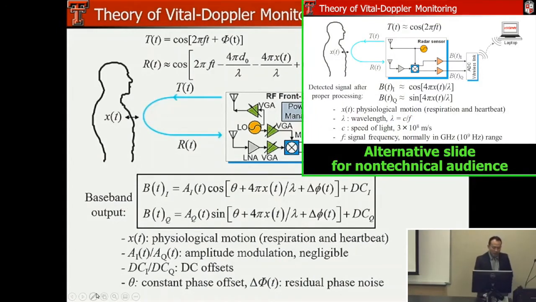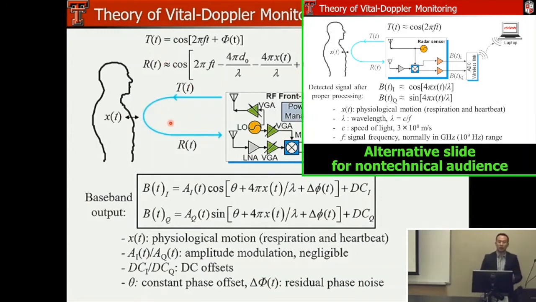We have a radio frequency transceiver sending out a radio frequency signal that is not modulated. T of t represents the transmitted signal, and f is the carrier frequency. The signal is not modulated at all. Once the signal hits a human subject, it's bounced back, so the received signal will have a delay compared with the transmitted signal.